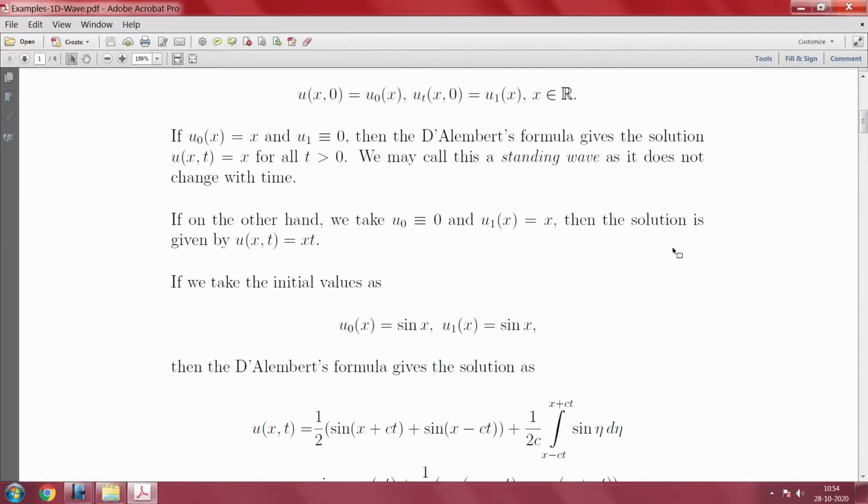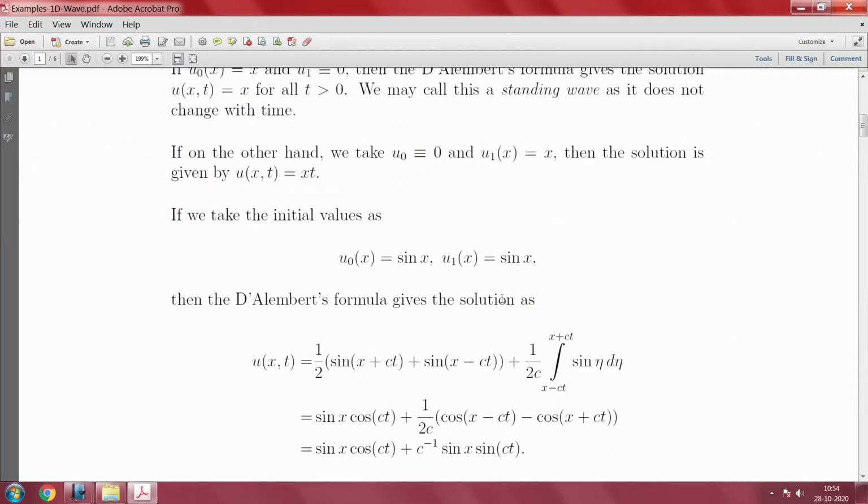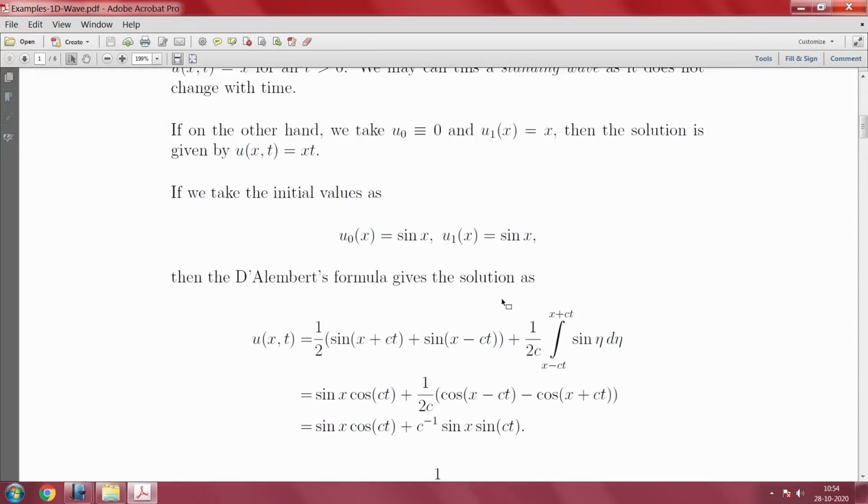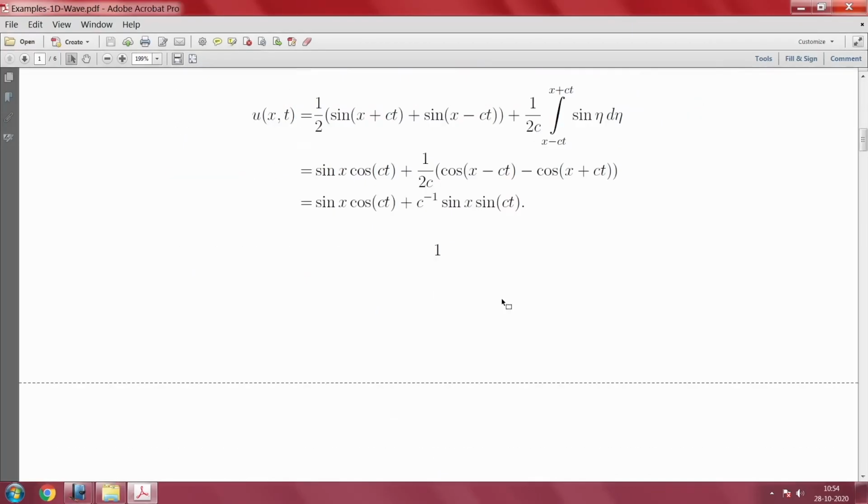Okay. So, in this case, D'Alembert's formula gives us u(x,t) equal to [sin(x + ct) + sin(x − ct)]/2 plus 1/(2c) times the integral from x − ct to x + ct of sin η dη. If you work that out, then you get the solution as sin x cos t plus c inverse sin x sin t. Okay.